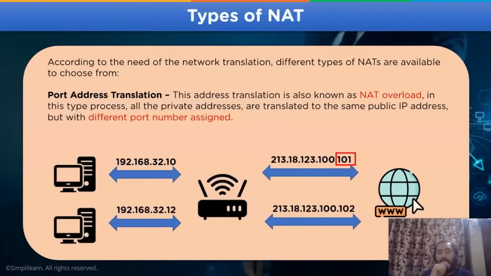Similarly, for the second private address, we have 192.168.32.12, which translates to 213.18.123.100, similar to the earlier case. But the change comes at 0.102, that is the port number assigned to the second private address.